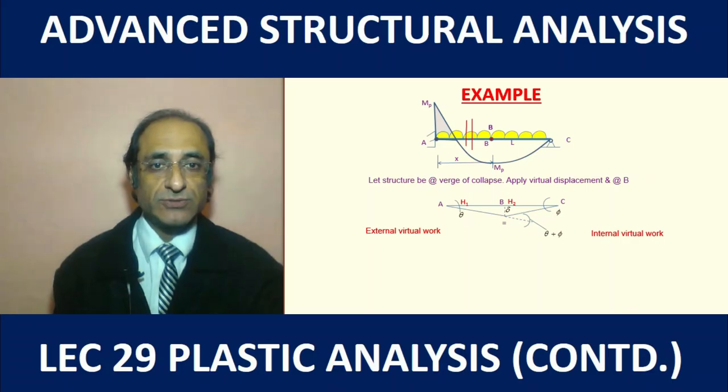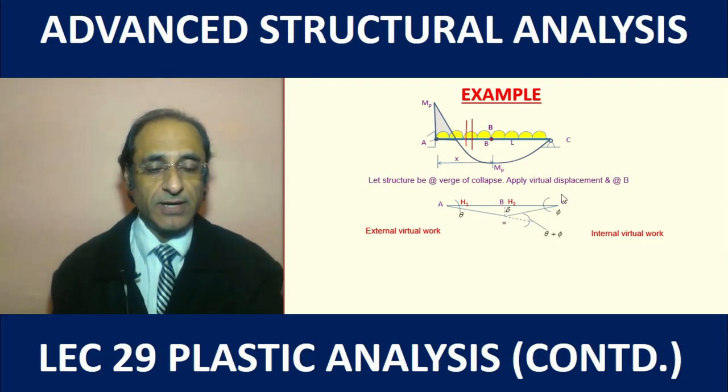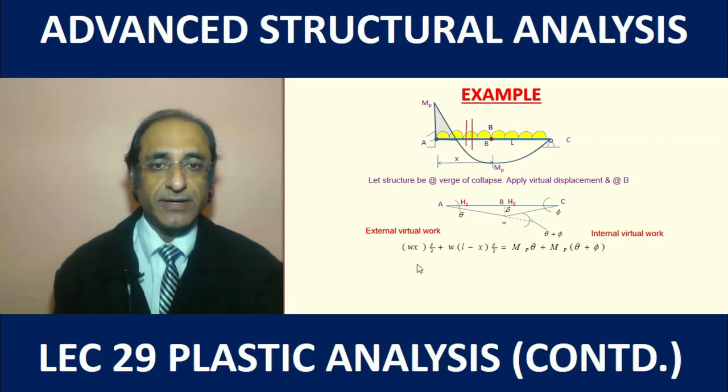Alternatively, we can just find out the CG of part AB, and it moves down by a certain amount, and the same strategy we can apply for part BC, and in this way we can write this equation.